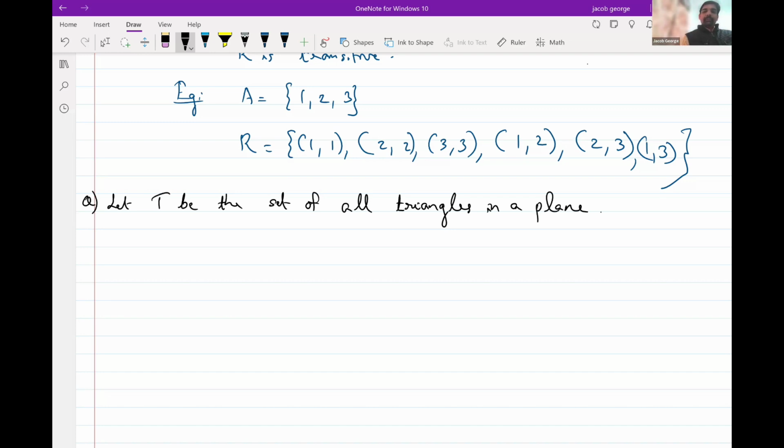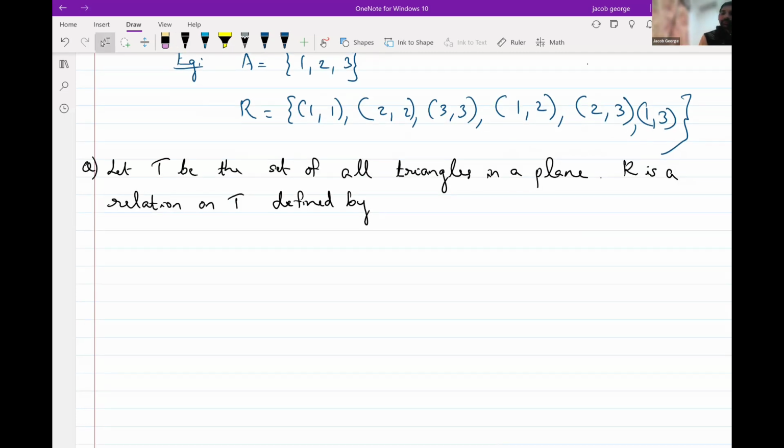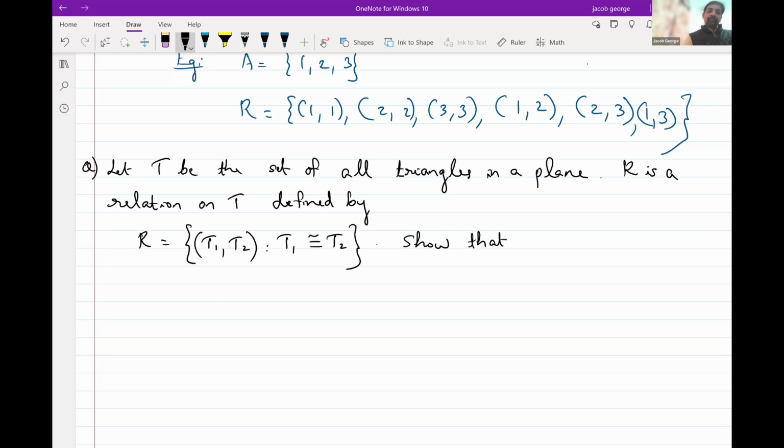R is a relation on T defined by R equals the set of all ordered pairs T1 comma T2 such that T1 is congruent to T2. Show that R is an equivalence relation.